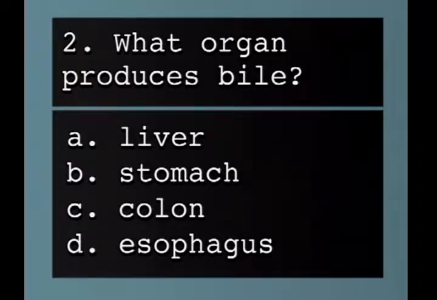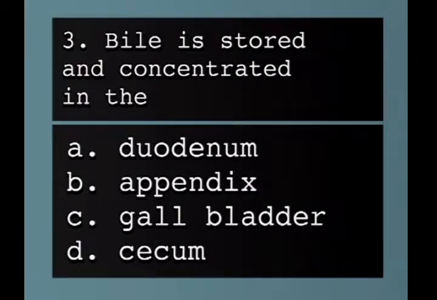A, liver, B, stomach, C, colon, D, esophagus. Bile is stored and concentrated in the A, duodenum, B, appendix, C, gallbladder, D, cecum.